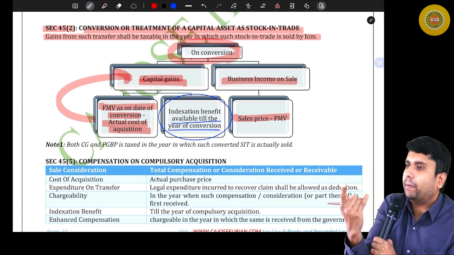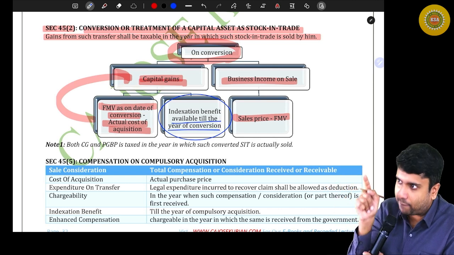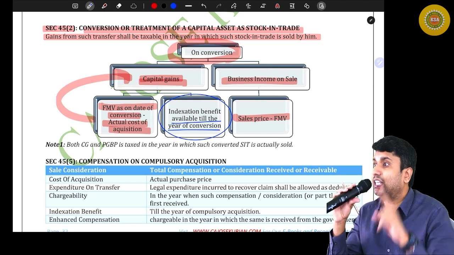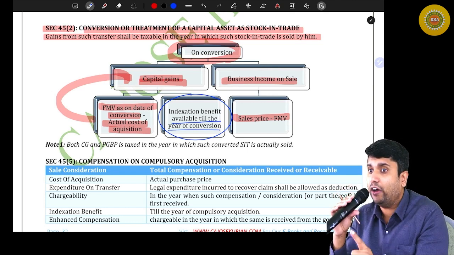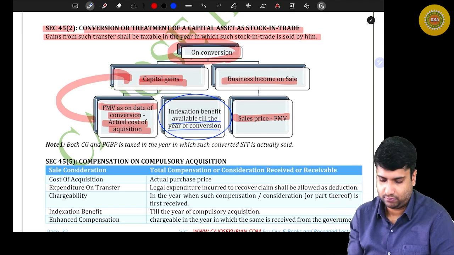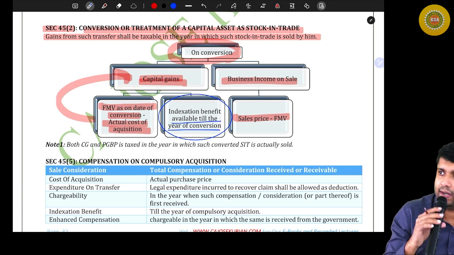Why? Because the period of holding is around 1 year only. So normally if it is a long-term capital asset and you convert it into stock in trade, are you eligible for indexation? Yes, but only till the date or year of conversion. I hope it is clear.